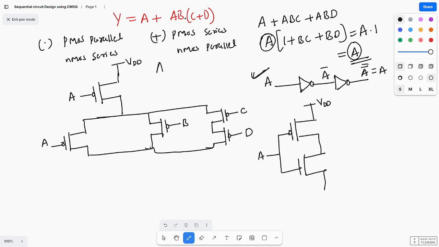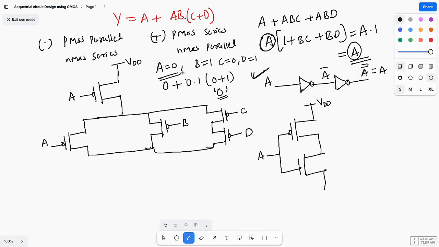So you need to see for the minimum possible circuit. That only we are doing in Boolean algebra, minimizing the circuit. Take some different possible combinations. Suppose A equal to 0, B equal to 1, C equal to 0 and D equal to 1. Substituting, A is 0 and B is 1, C plus D is 0 plus 1, and you get Y equal to 0.